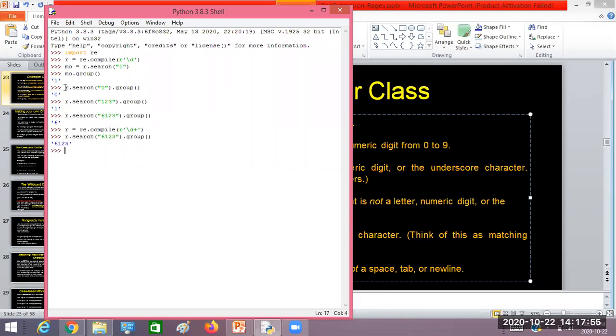It is going to match now 6, 1, 2, 3. Similarly, if I put some more digits here and execute, it is going to match all the digits. But if I execute this with a null value, then what will happen? Will it show any output from this one, or will it show an error message?